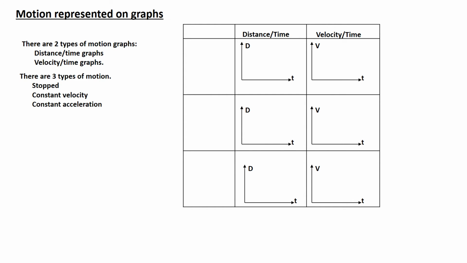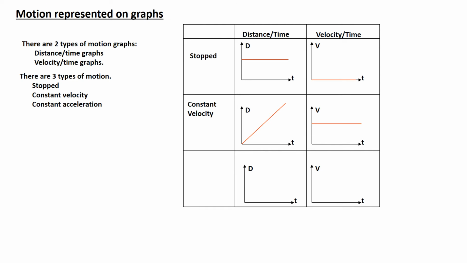The first of the 3 types of motion we're going to look at is stopped, or stationary. On the distance time graph, it doesn't matter where we are, we then plateau, we flatten out. Whereas on a velocity time graph, we go back to 0. The next one is constant velocity.